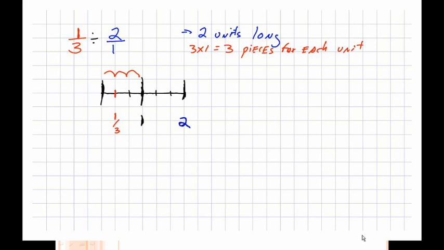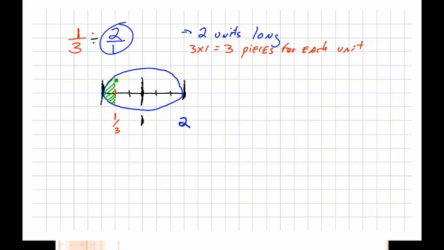We're going to do exactly the same thing that we did with the other problems. I need to draw an oval that's the size of my divisor. Now I need to look at my dividend. Here is my dividend. I'm going to shade everything to the left of my dividend.